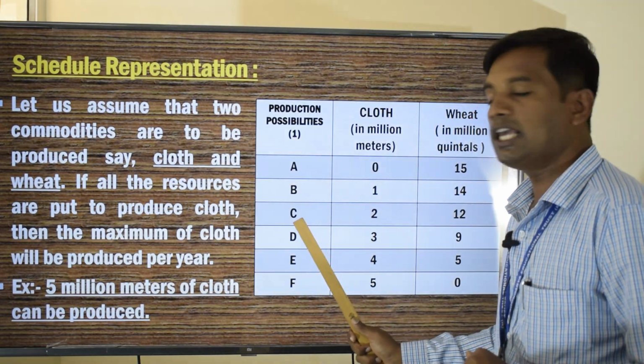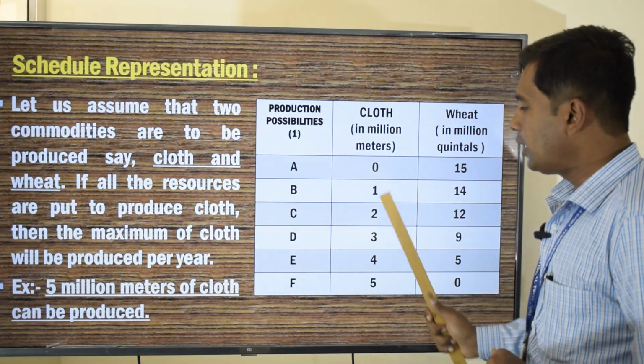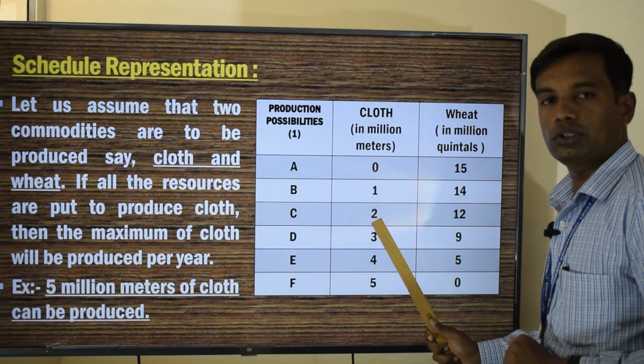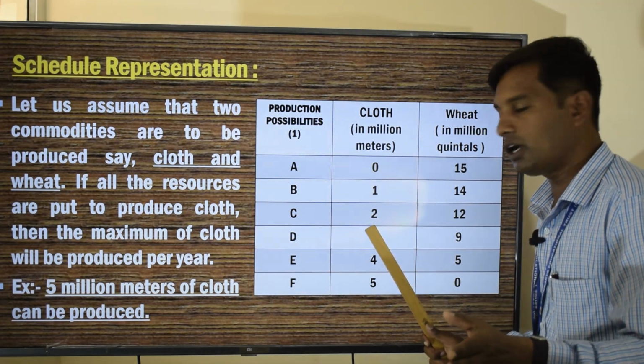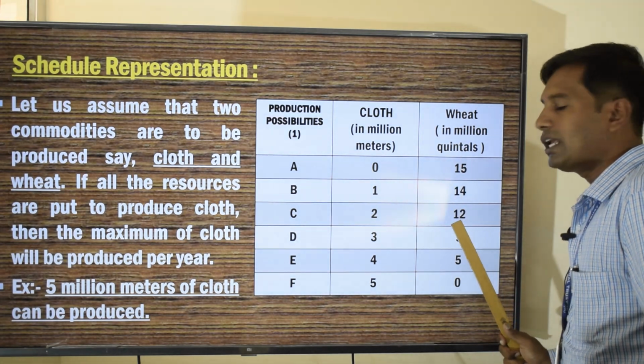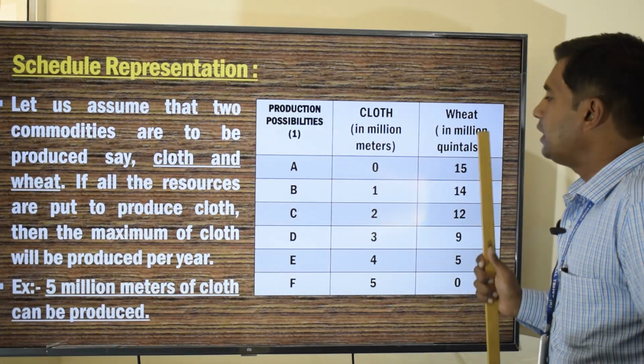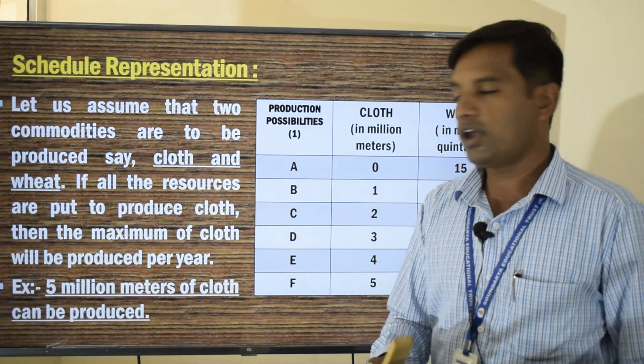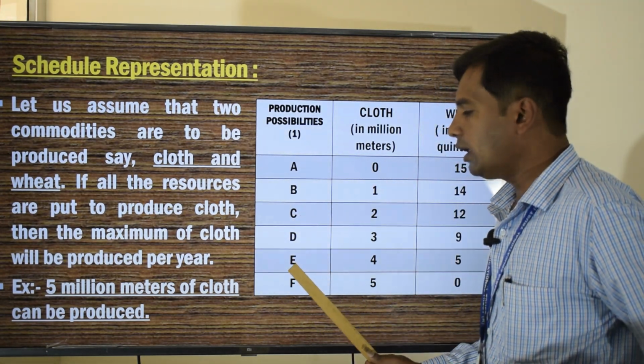Likewise, in the C combination, if the country increases the production of cloth to 2 million meters, it has to reduce the production of wheat to 12 million quintals. Same way, there are D and E.